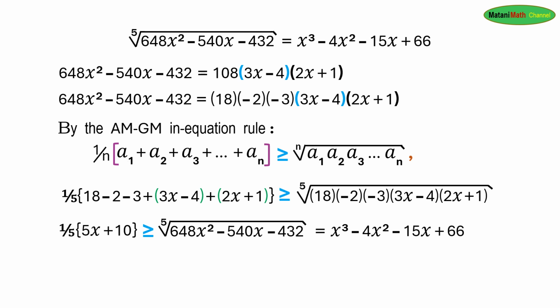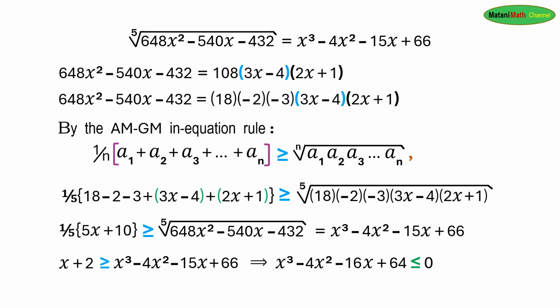The 1 by 5 times 5x plus 10 equal to x plus 2. So x plus 2 greater than or equal to x cubed minus 4x squared minus 15x plus 66.